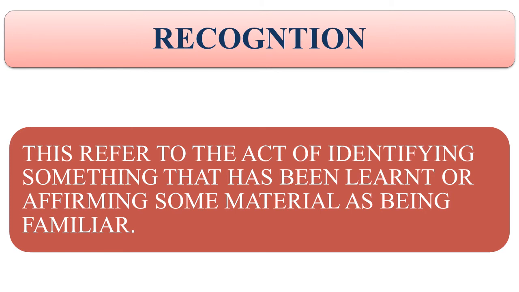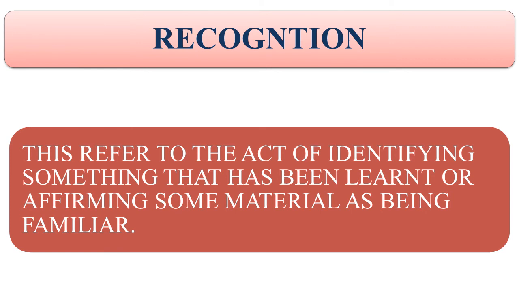It becomes relatively easier than the recall method. The memory score by the recognition method is higher than by the recall method. Examples of recognition are multiple choice questions or match the columns.